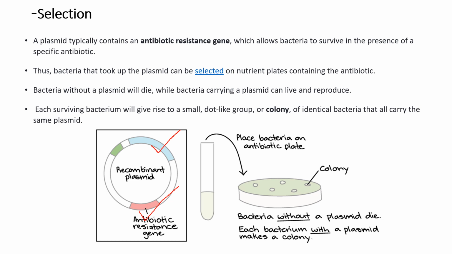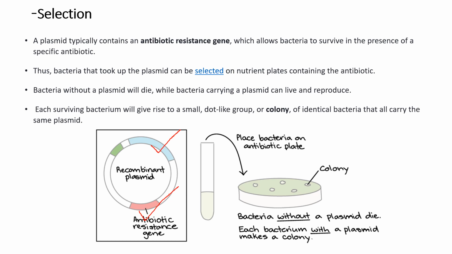Every bacterium that has taken up our recombinant DNA will also have an antibiotic-resistant gene, such that in the presence of this antibiotic, all host cells carrying the plasmid with our DNA of interest will not be killed. Why? Because they are resistant to the effects of that antibiotic.